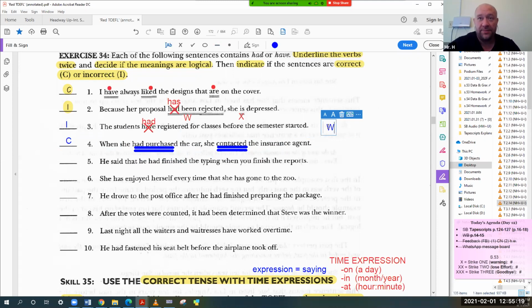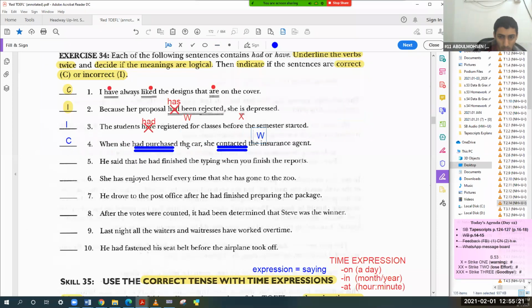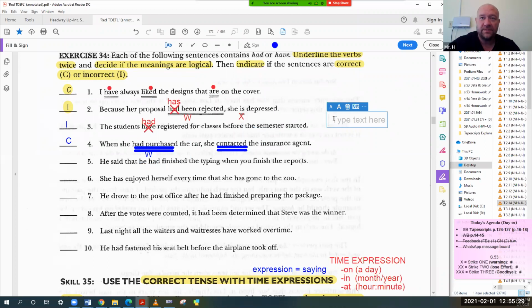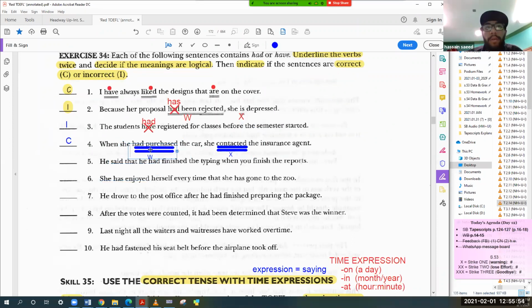Where is W? Find W. In the beginning. Had purchased. There's your W. Okay. Where's the X? Contacted. Here's your X. W is finished first, right? Can I do the other one?